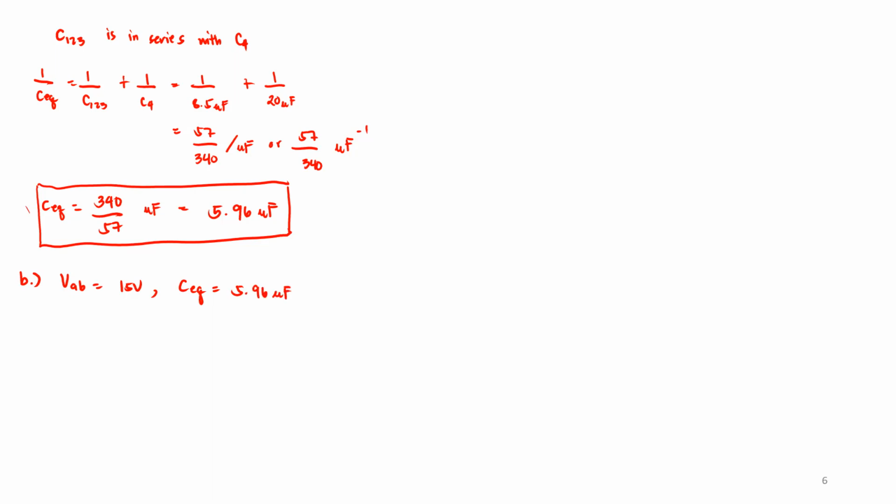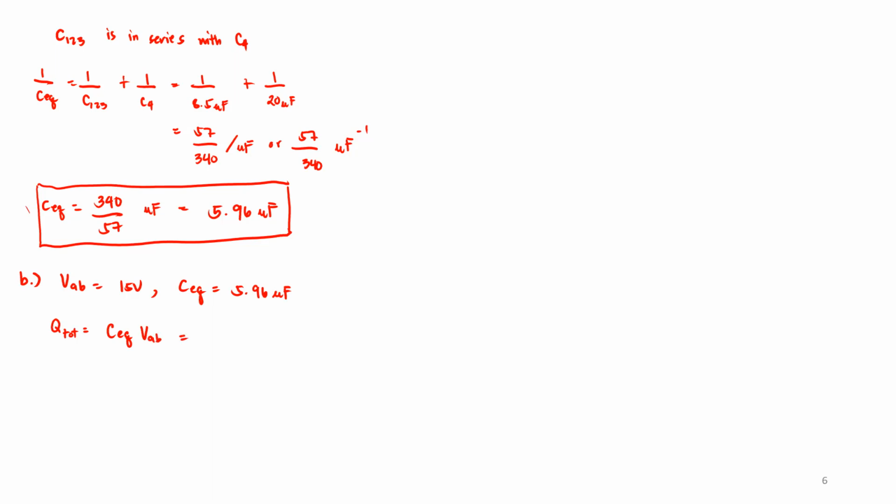Now we can get the total charge in our circuit. The total charge, Q total, can be obtained by multiplying the equivalent capacitance and the potential difference between A and B.